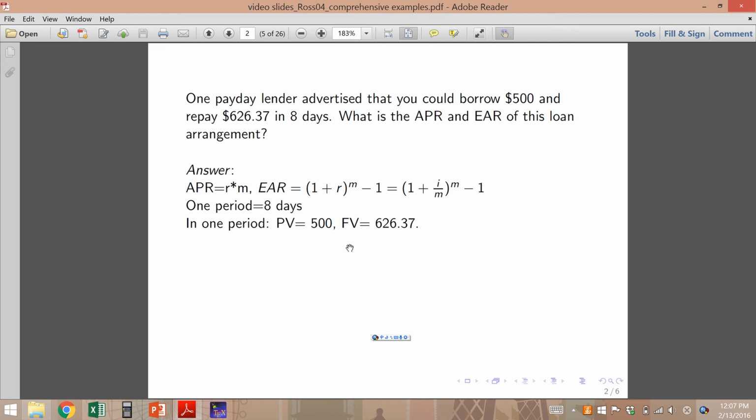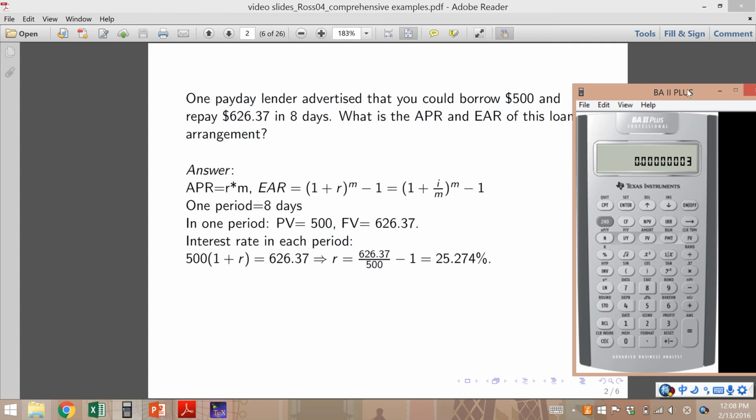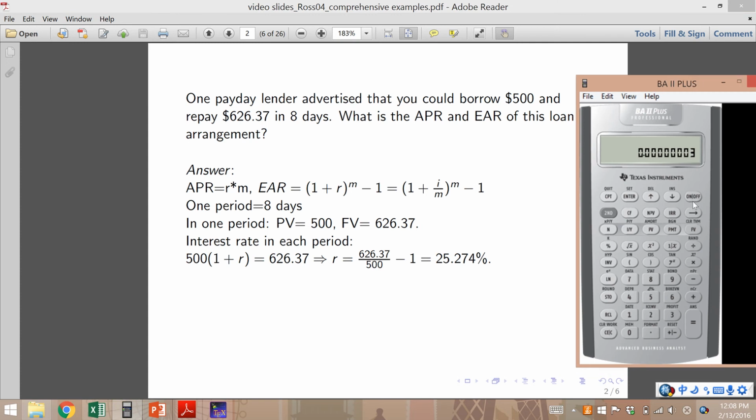Once we know those two, we can calculate the interest rate over these 8 days, which is R. Over any period, the PV times 1 plus the interest rate should give us the future value. To solve for R, you can use some algebra, but of course we can also use the financial calculator, because this is a time value of money question.